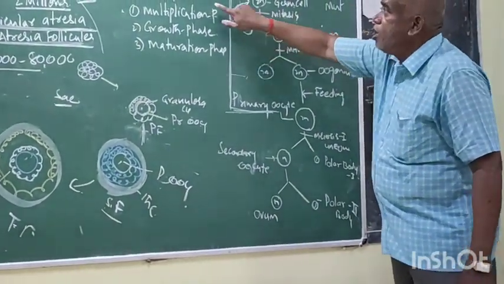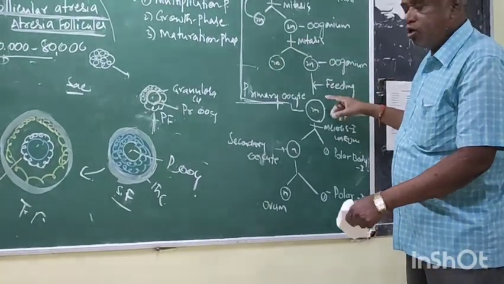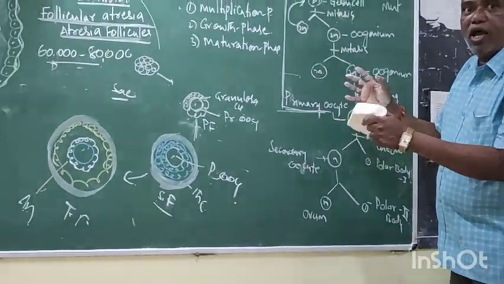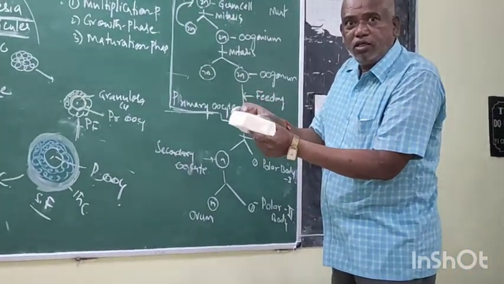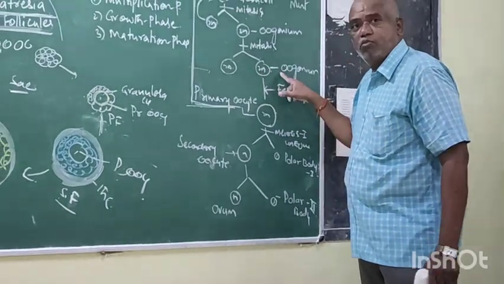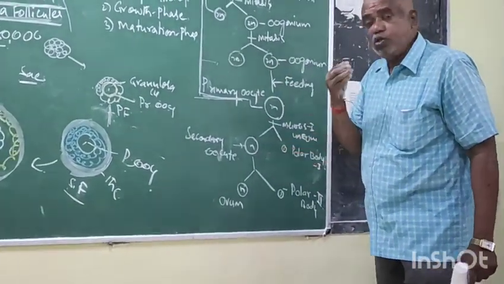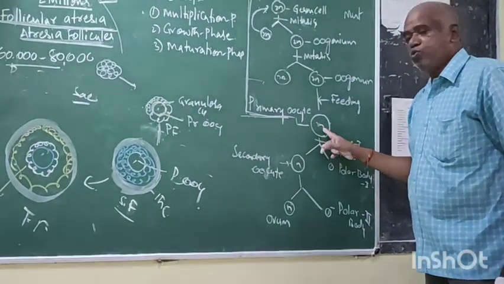This is the multiplication phase. After the multiplication, hundreds or thousands become a cluster. In this cluster, the central cell, one oogonium, stops the division, undergoes feeding and grows inside. This is called primary oocyte.